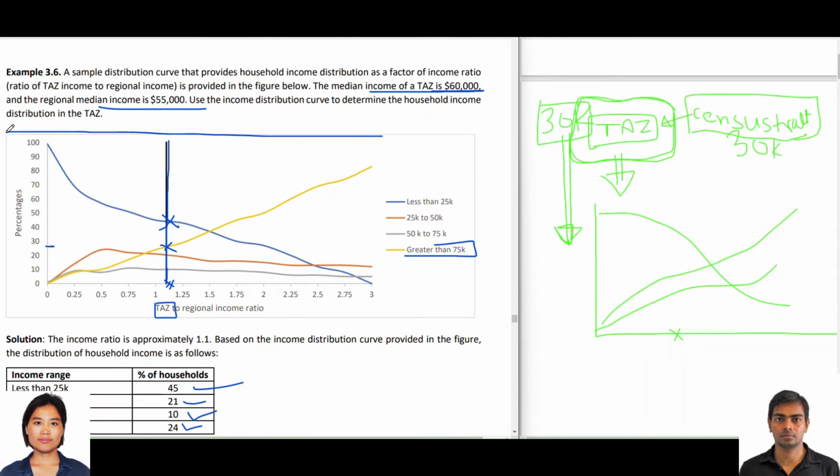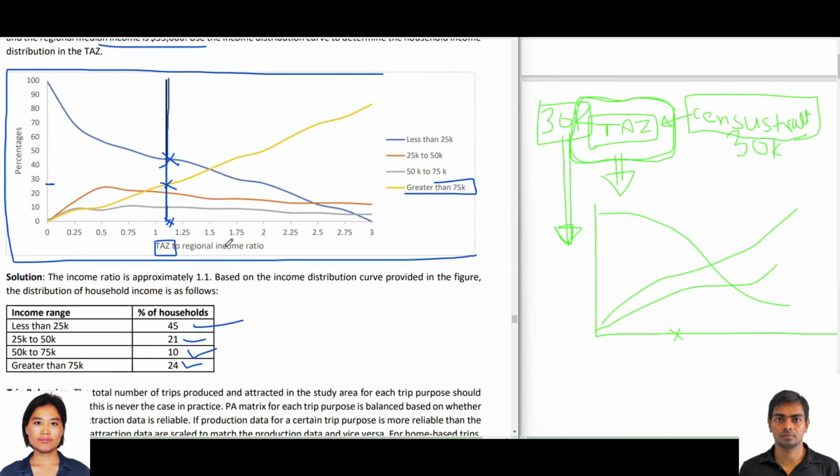So what this did is we took the regional curve. There is typically only one curve for the entire region for each attribute. So there is one curve for income, one curve for household size, one curve for other attributes, let's say number of workers. So we will have one curve for each attribute, but only one for the entire region. And then based on the TAZ average data, we can come up with a distribution. So let's say for another TAZ, the TAZ income is pretty high.